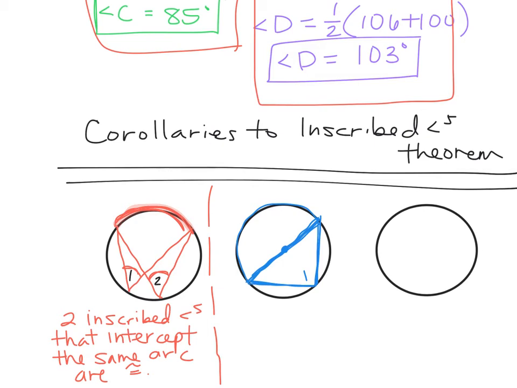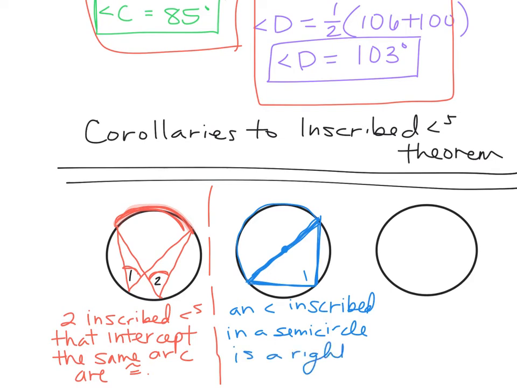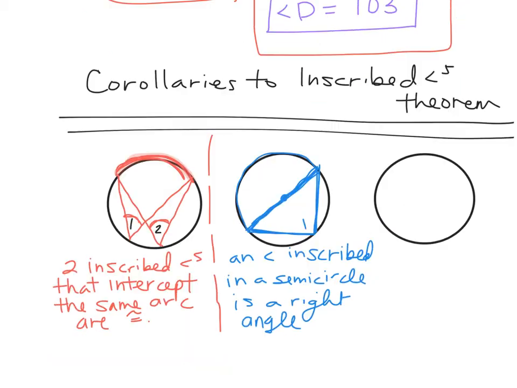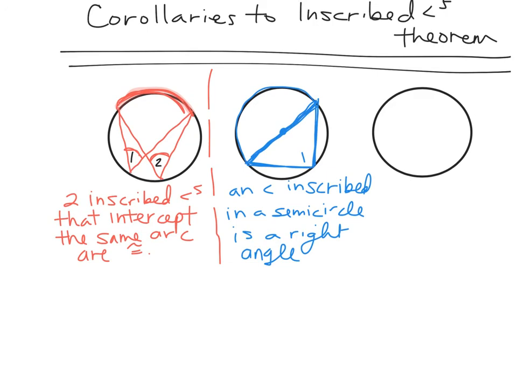Because it's a semicircle, 180, so it's always going to cut that in half, so it'll be 90. So whenever you have an angle inscribed in a semicircle, it is a right angle.